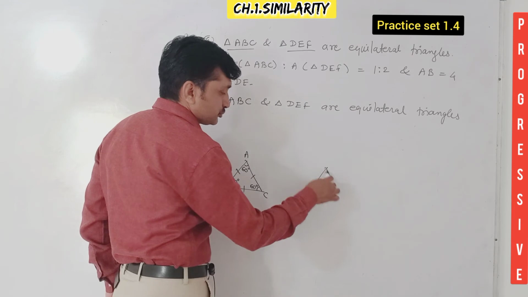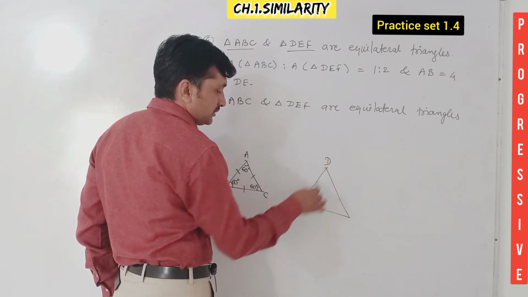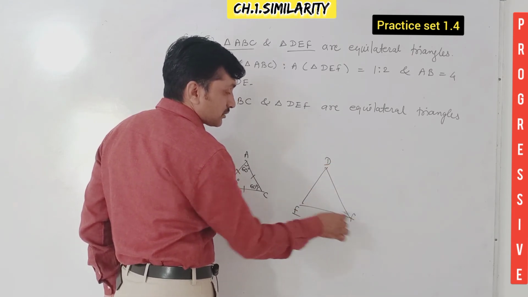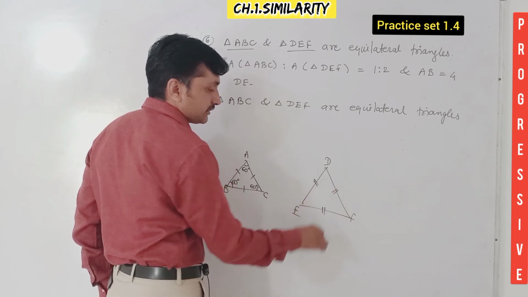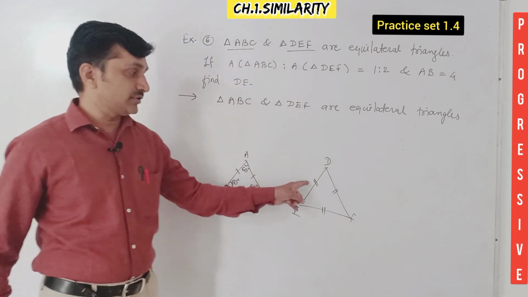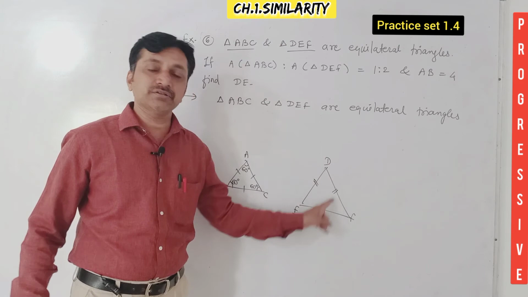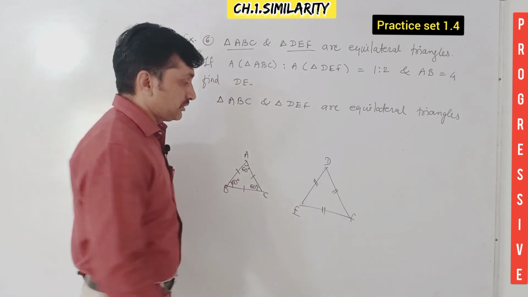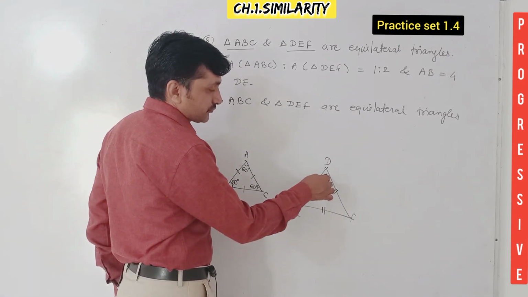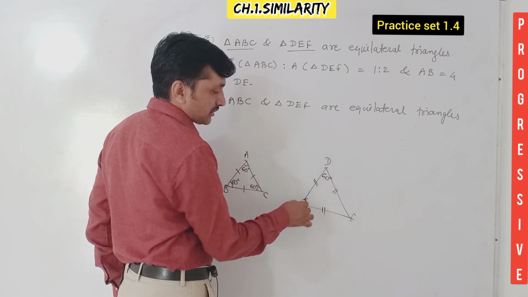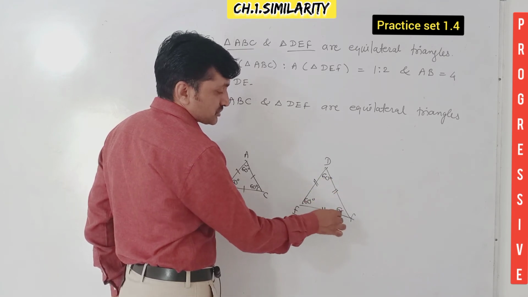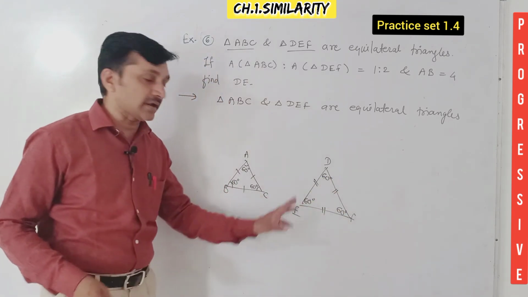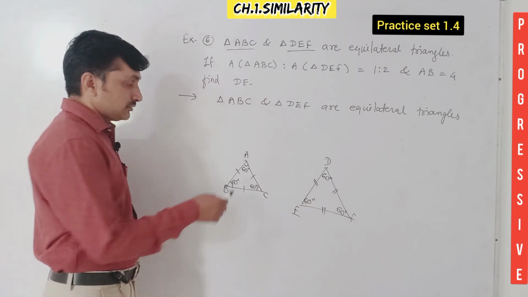DEF is also equilateral. Equilateral means all three sides equal again. Lengths are different, but sides of this triangle are the same. If it is equilateral, all three angles equal, and again each angle is 60 degrees. Though these triangles are similar, not congruent, their angles are congruent: 60, 60, 60 and 60, 60, 60.